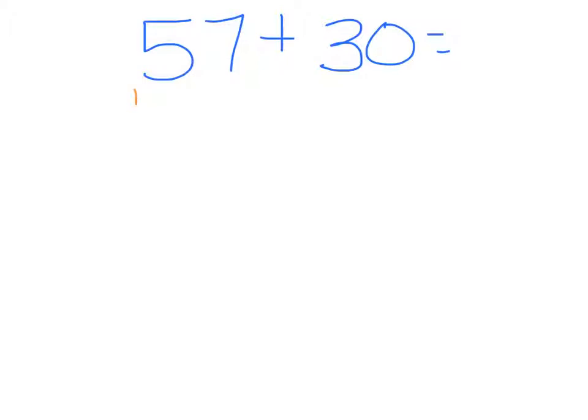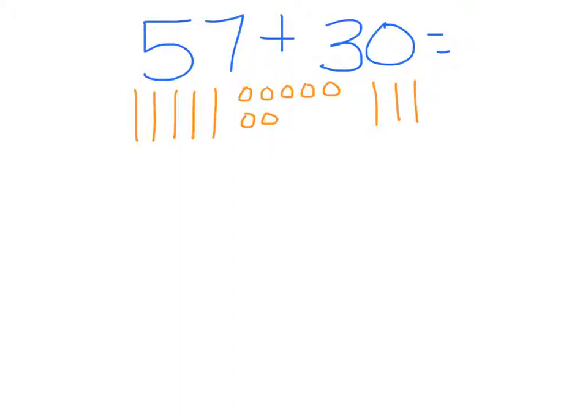You should have said 10, 20, 30, 40, 50, 51, 52, 53, 54, 55, 56, 57, plus 30, 10, 20, 30, equals, let's count them together, 10, 20, 30, 40, 50, 60, 70, 80, 81, 82, 83, 84, 85, 86, 87.